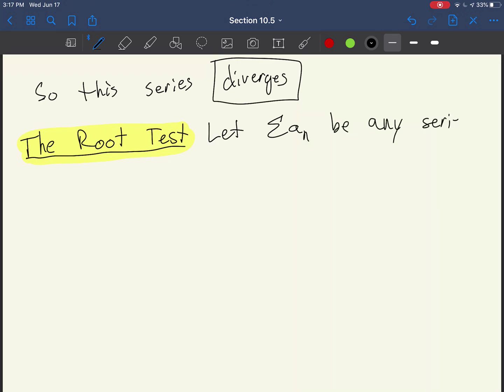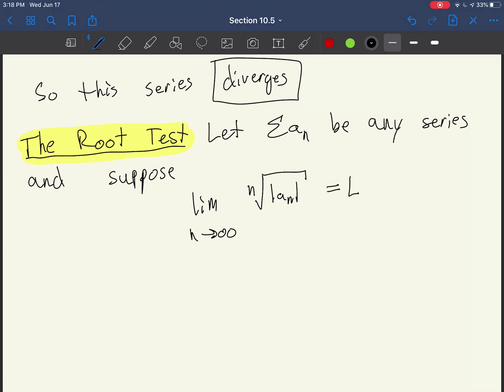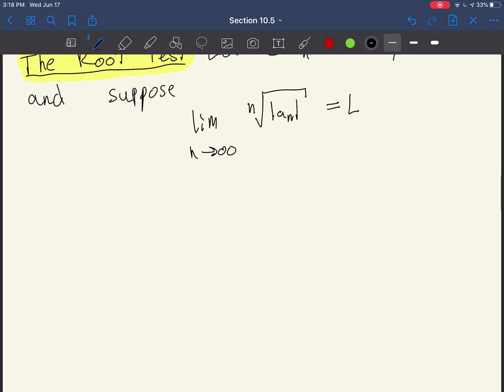Let the summation of a_n be any series, and suppose that the limit as n goes to infinity, instead of taking the ratio of 2 consecutive terms, the root test takes the nth root of the general term in absolute value. So suppose that this limit is L. But then the outcome is the same.